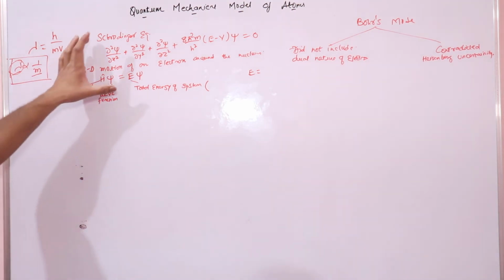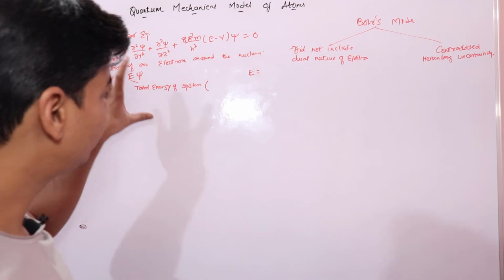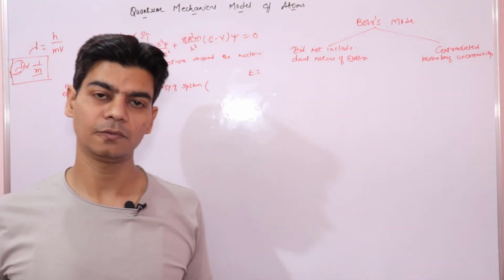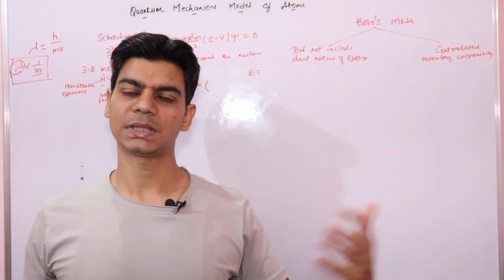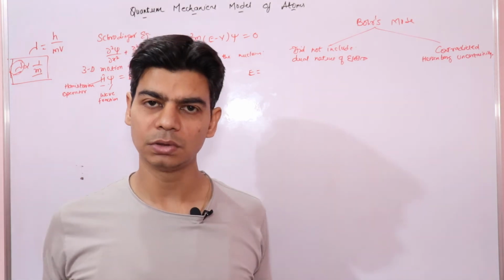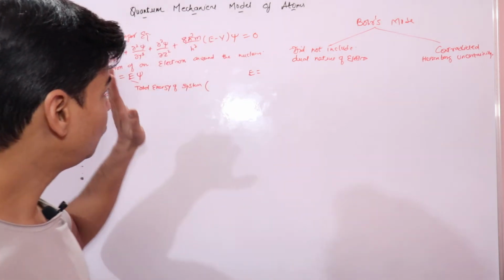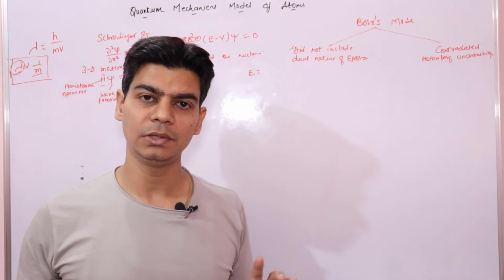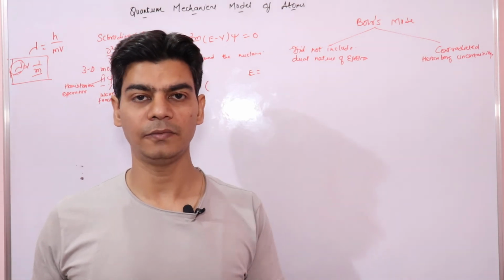Now this Hamiltonian equation is solved. Whenever you solve it for any system, whether electrons or an atom, you solve it to find the value of E, the energy, and psi, the wave function.